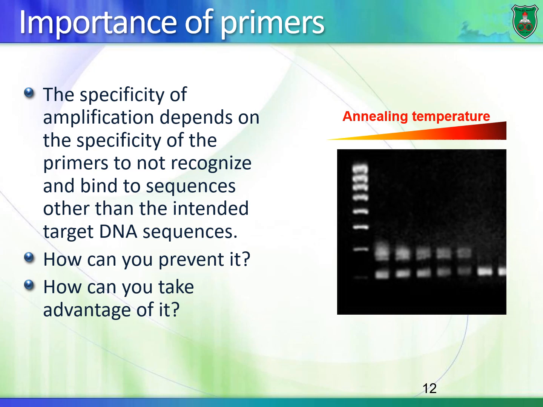So notice here, that at low temperature, for example, we have a number of products. If we increase the temperature slowly, eventually we would get this perfect temperature that allows primers to bind to DNA specifically, allowing for a single product to be amplified.